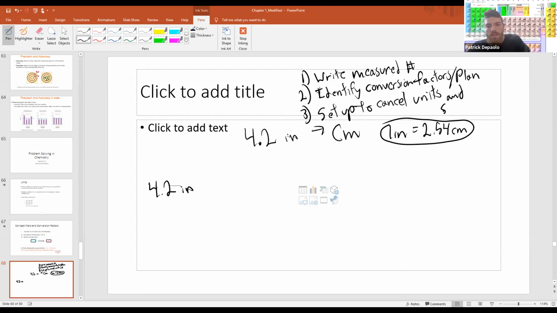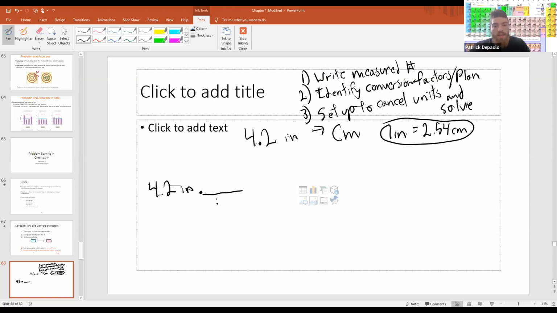and solve. What I mean by that is, the units that we don't want in our final answer need to cancel out. And the way they cancel out is one of them is in the numerator, and the same unit is in the denominator. So I know I need to use this conversion factor to convert 4.2 inches to centimeters.